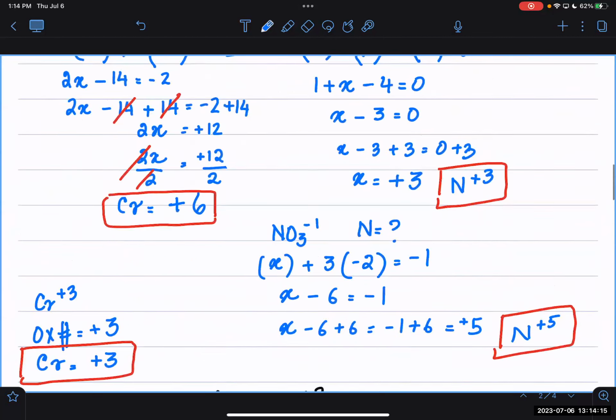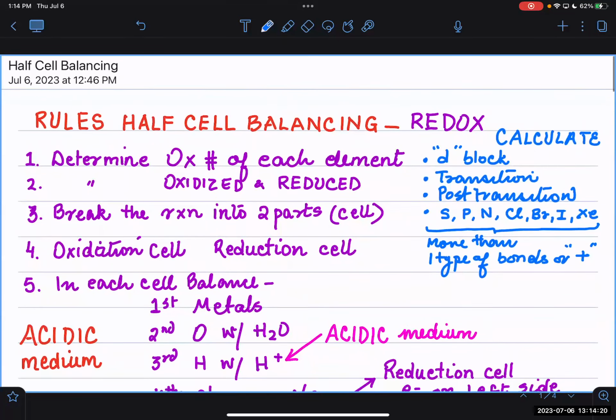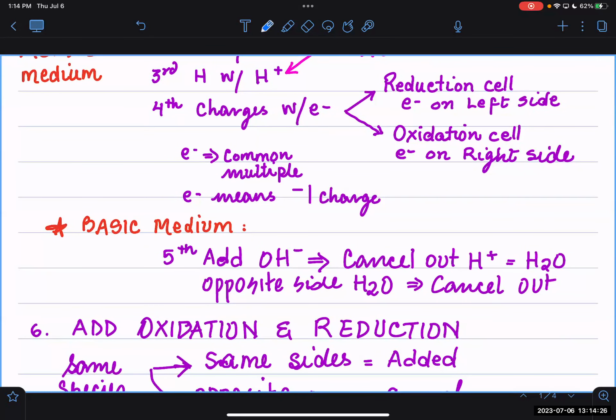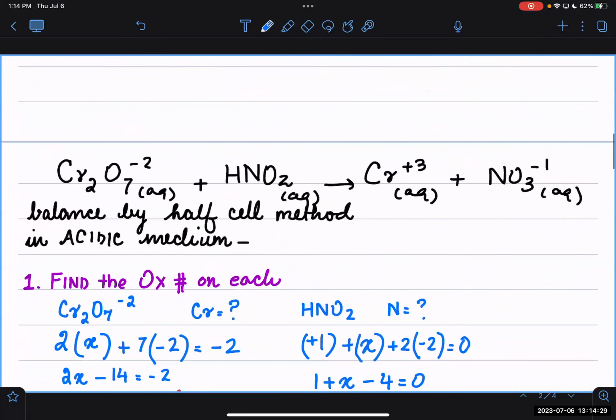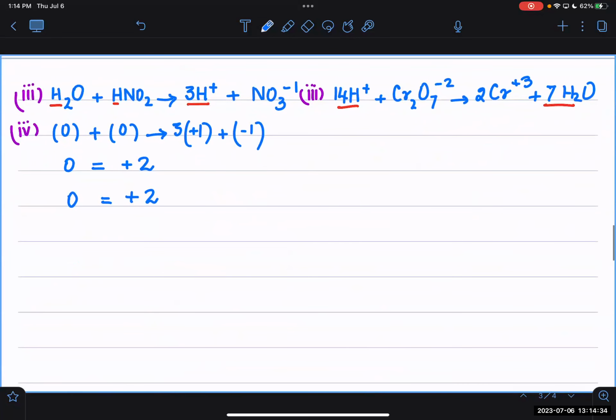Remember this rule: reduction cell, electrons added on the left-hand side. Oxidation, electrons added on the right-hand side. So this is the oxidized cell. How many electrons will be added? Plus 2, very good. Remember that 2 electrons means 2 multiplied by minus 1 charge. So in other words, this is minus 2. So plus 2 and minus 2 cancel out. Okay, so this becomes 0. Clear?